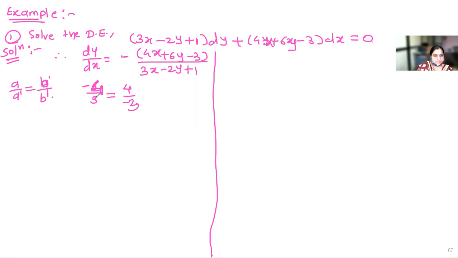A little bit of correction in the example. The coefficient of x is minus 4, and here in the denominator the coefficient of x is 3, and in the numerator the coefficient of y is minus 6.